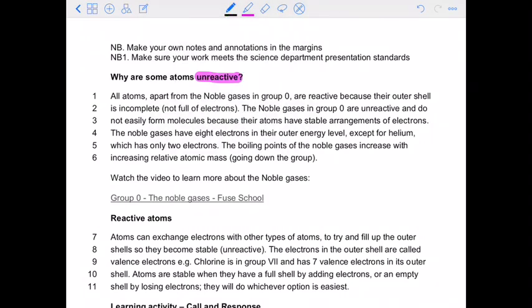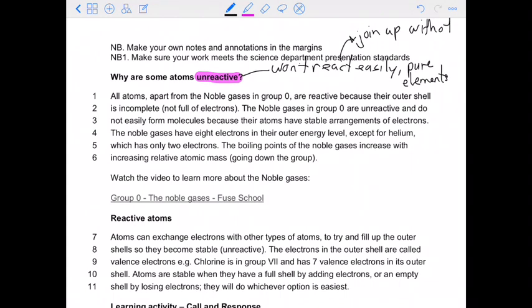If they are unreactive, that means they won't react easily, and they are found as pure elements. Because remember, when atoms react, they join up with other atoms to form molecules.